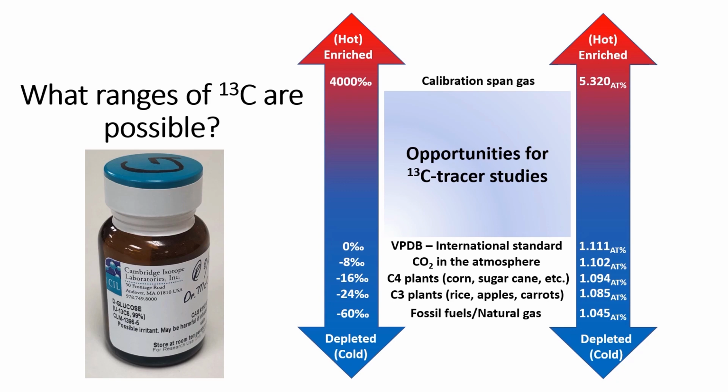What this means is that there's an enormous range of isotope space that we can use for carbon-13 tracer studies. In a follow-up video, I'll discuss various measurement techniques, different types of tracers that you can choose from, and different experimental approaches for metabolic tracer studies.